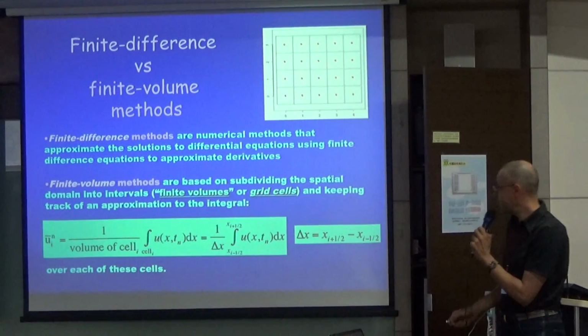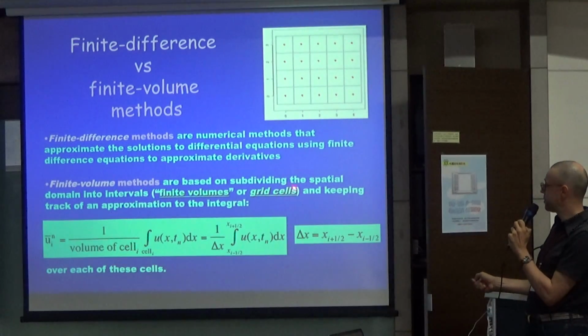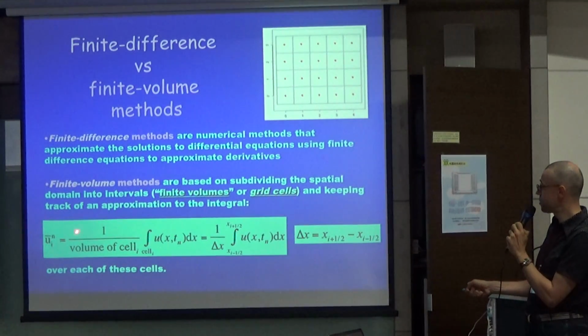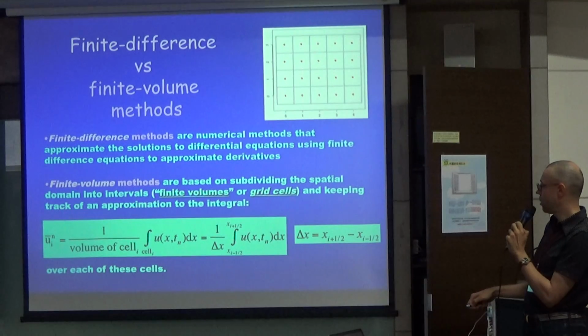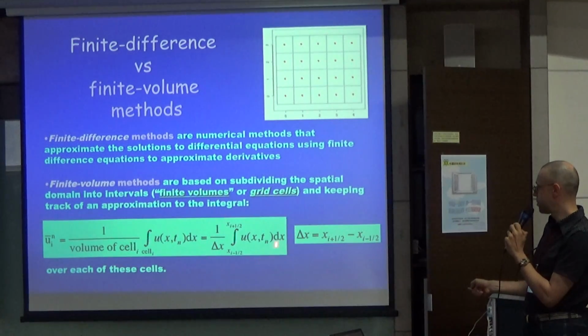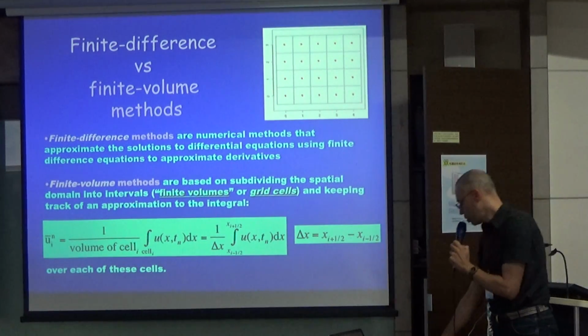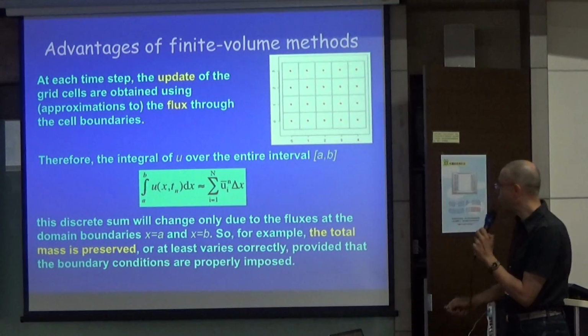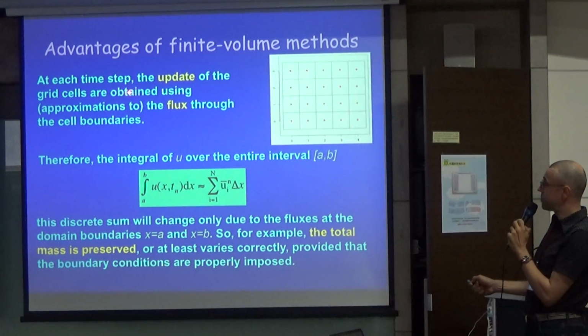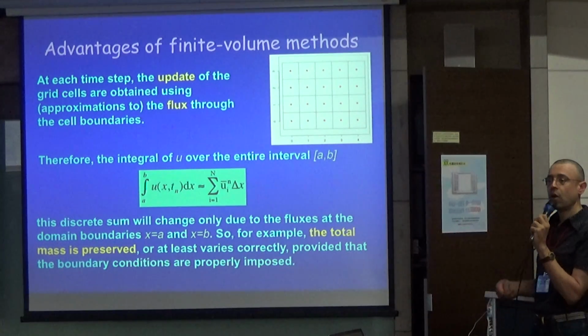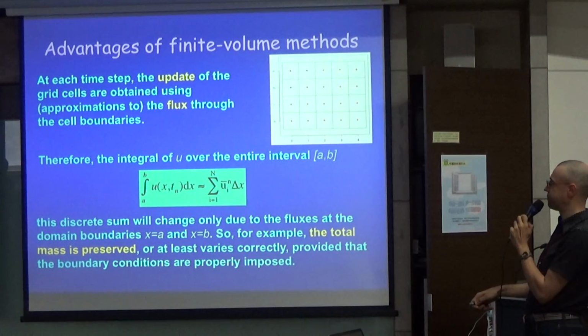And finite volume instead defines these grid cells of finite volumes with average quantity, which are like an integral, an average integral over the cell, and deduces these quantities for the evolution by computing the fluxes. So at each time step, the update of the value of the grid cell is obtained using the flux at the cell boundaries, or some approximation to the flux.